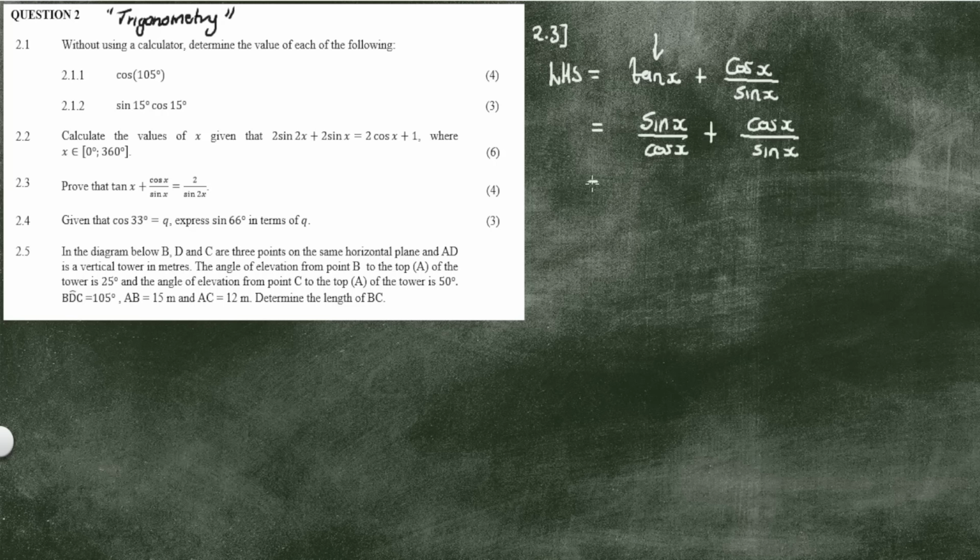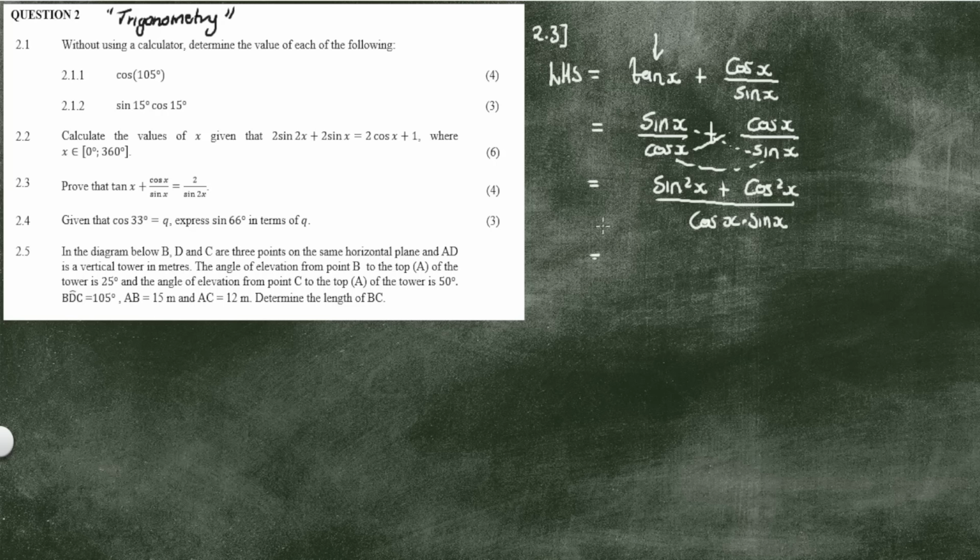Then what do we do? We cross multiply: sine times sine, that's sine squared x, plus this cos times that cos, a cos squared x, divided by sine multiplied by cos, in total cos x multiplied by sine x.